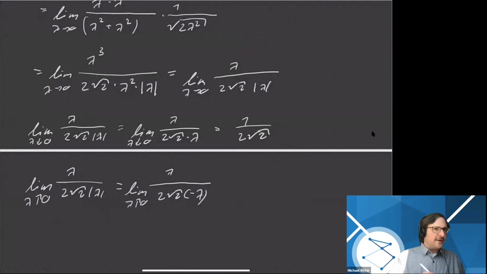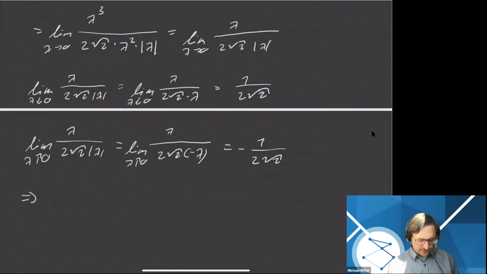Minus a negative number is positive again. So again, the lambda cancels out, but the minus sign stays. So we get 1 over minus 2 square root of 2. And as you can see, the two limits do not agree. So that means the limit from below is different to the limit from above. And that means the limit itself does not exist.